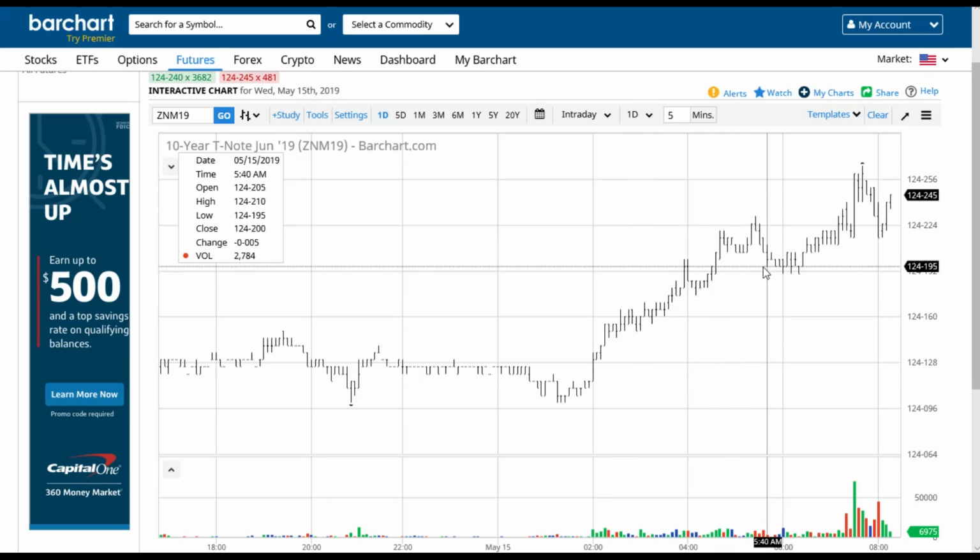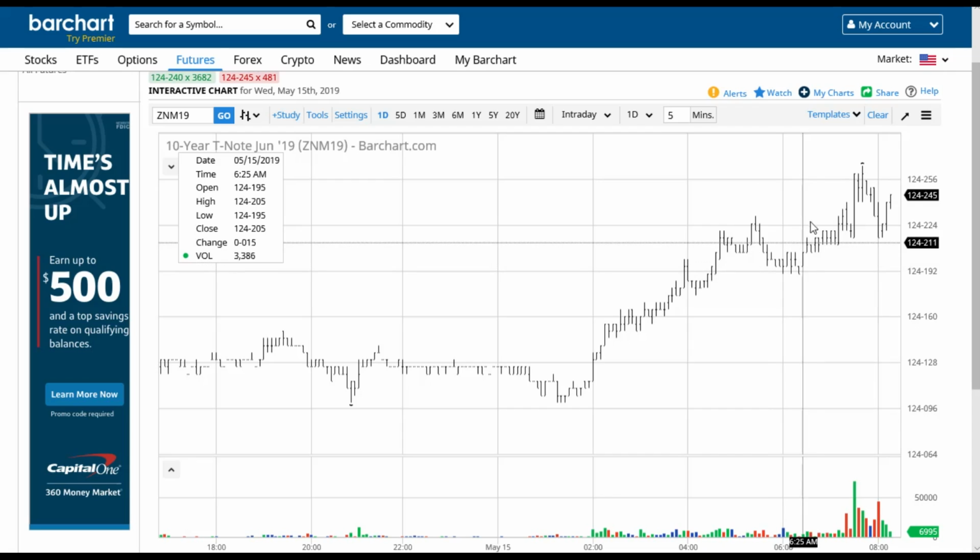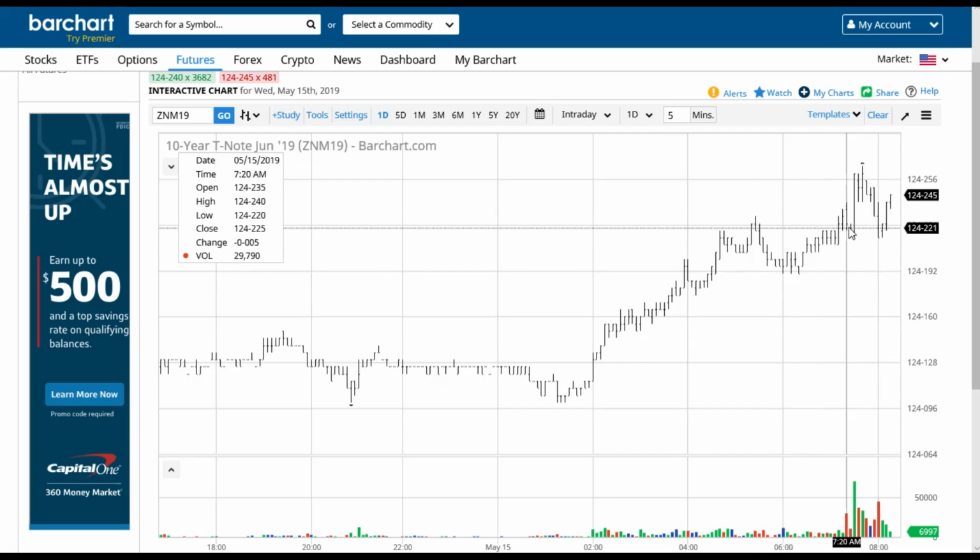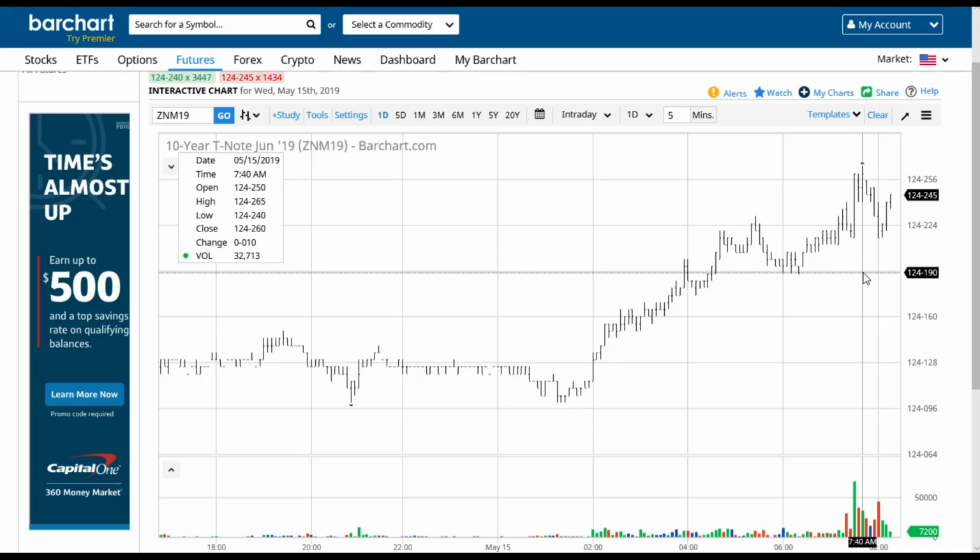It got pulled back to support, and was bought right back up. It exceeded the high by a couple ticks, pulled right back in, and was bought right back up. I think the overnight high was right around this area, if I recall.